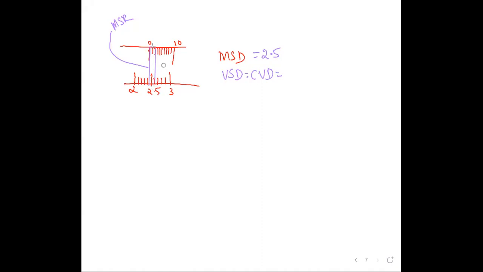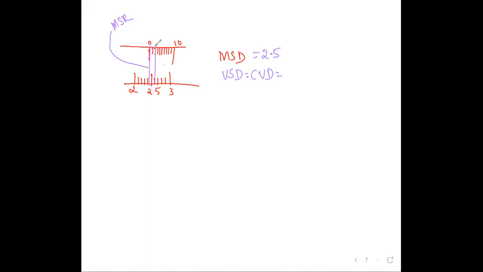There are two lines, one of the Vernier scale and one of the main scale, coinciding with each other. If you select any other line, it will not match; it will be a little ahead or behind. That means this second division of the Vernier scale.